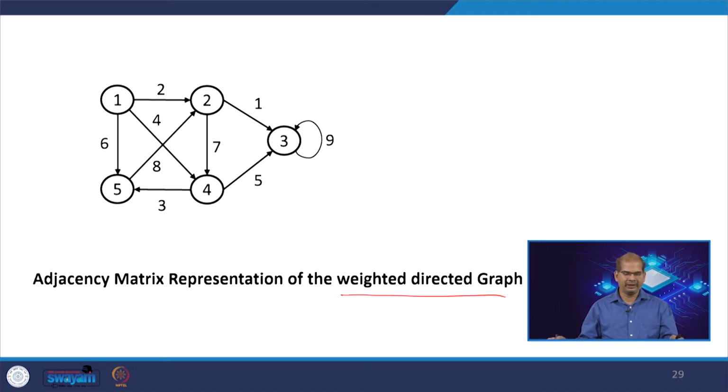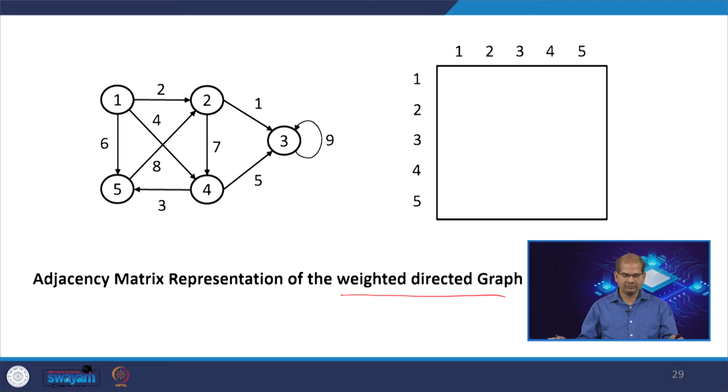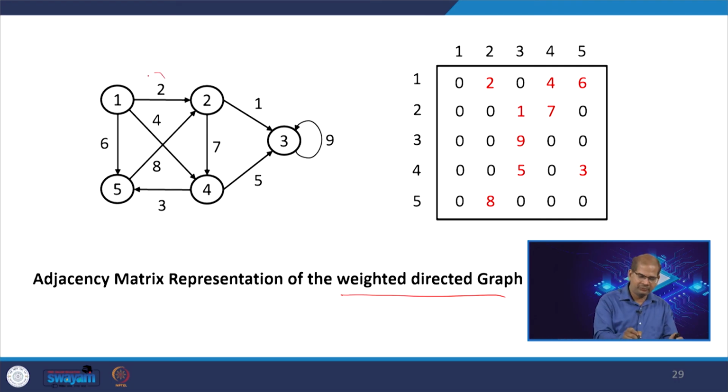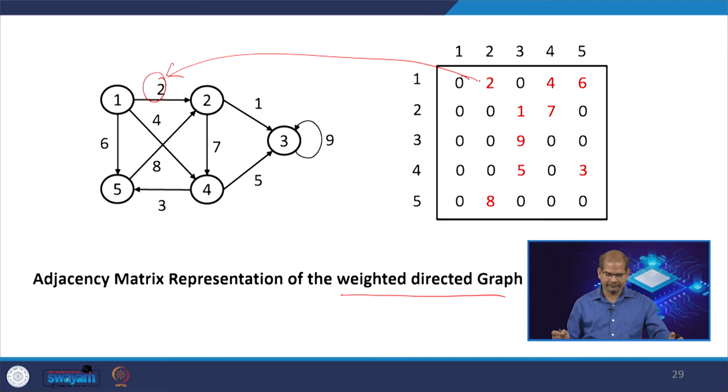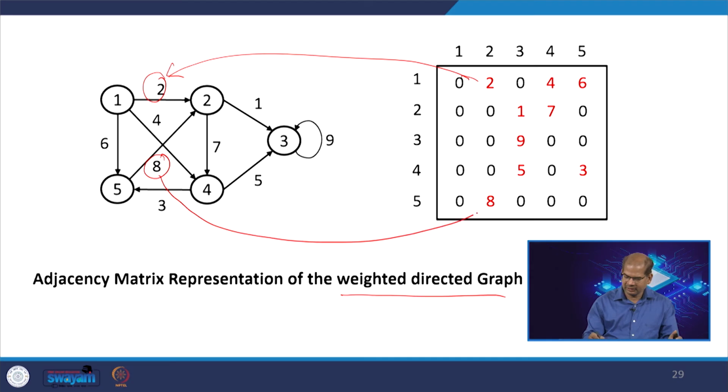We have some edge weight associated with each of the edges. Say for the edge 1 to 2 we have weight 2, then this 2 corresponds to this 2. Similarly, for the edge from 5 to 2 the weight is 8, which is reflected here. In that way you can fill up the rest.